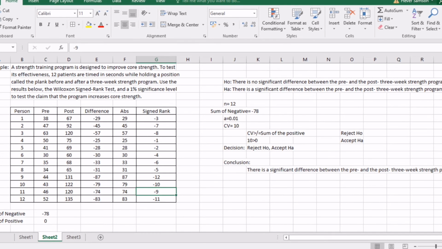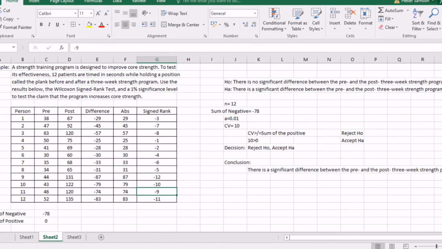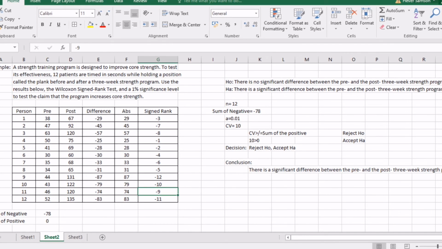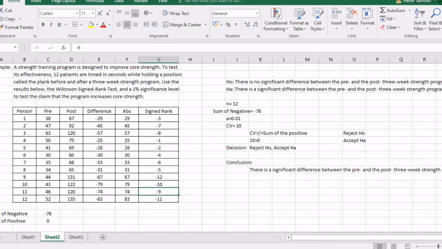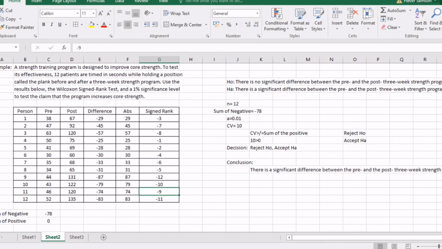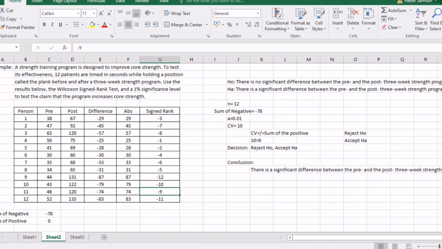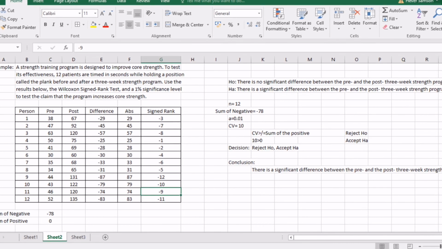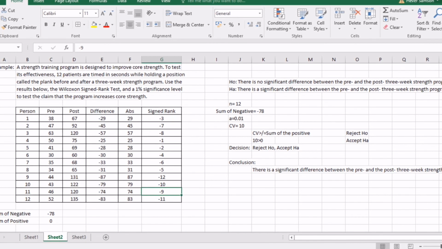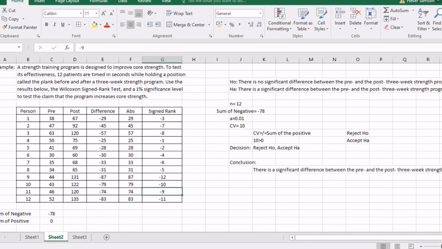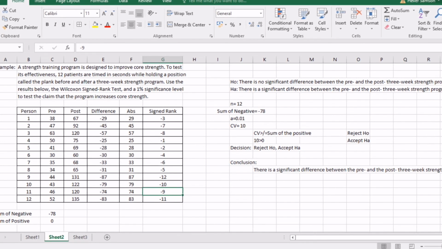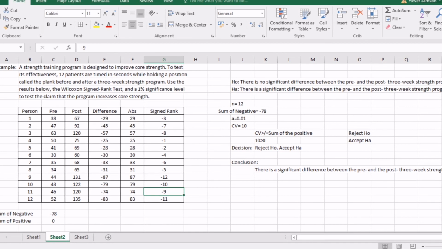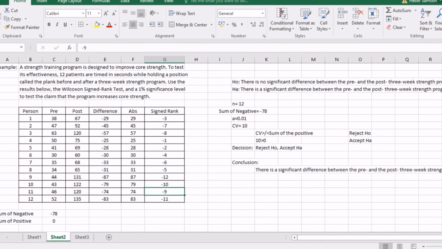Since the critical value is greater than the sum of the positive, we reject the null hypothesis, which says there is no significant difference between the pre and the post 3-week strength program, and we accept the alternative hypothesis. Accepting the alternative hypothesis gives us the conclusion that there is a significant difference between the pre and the post 3-week strength program. So this is the computation for it.